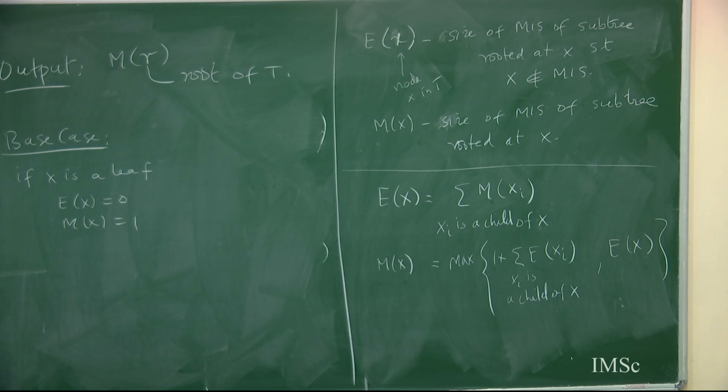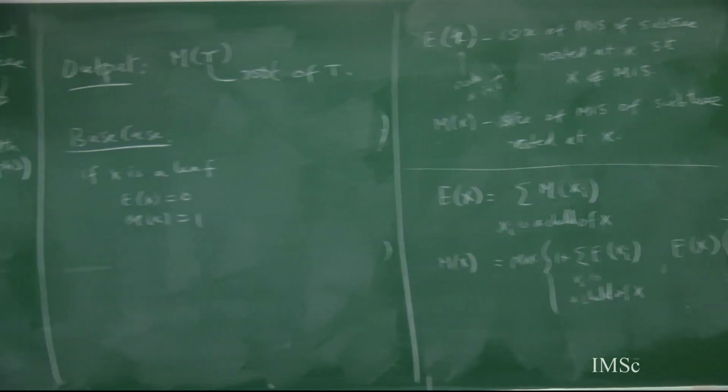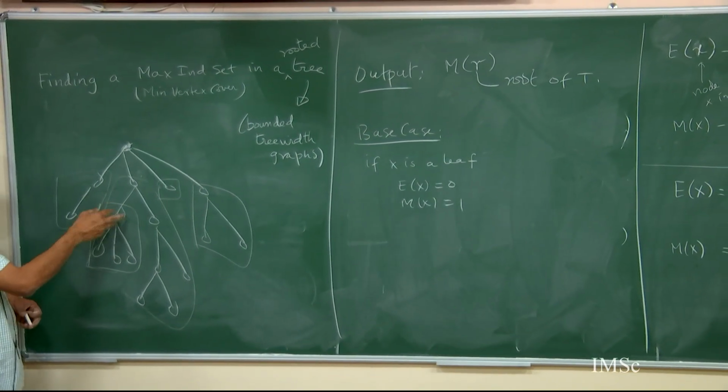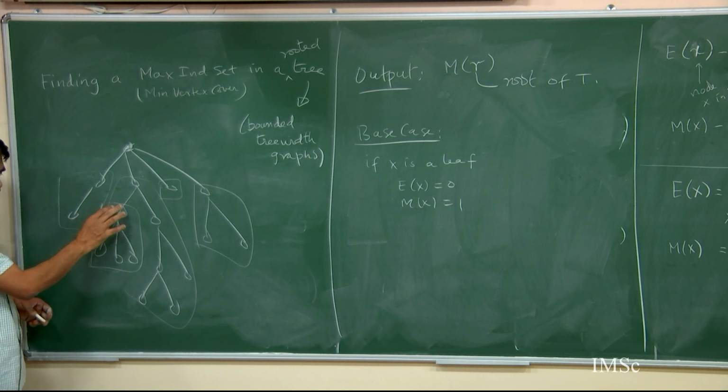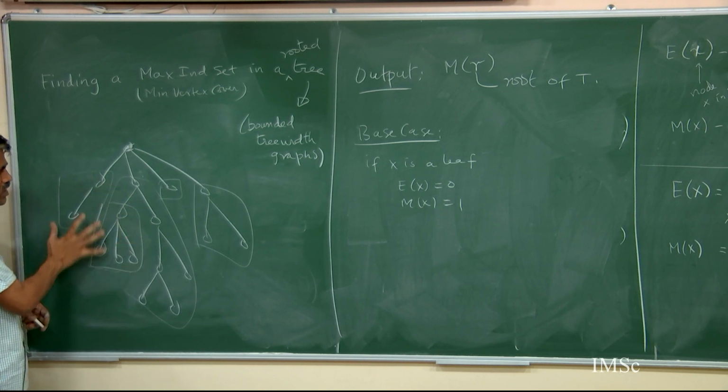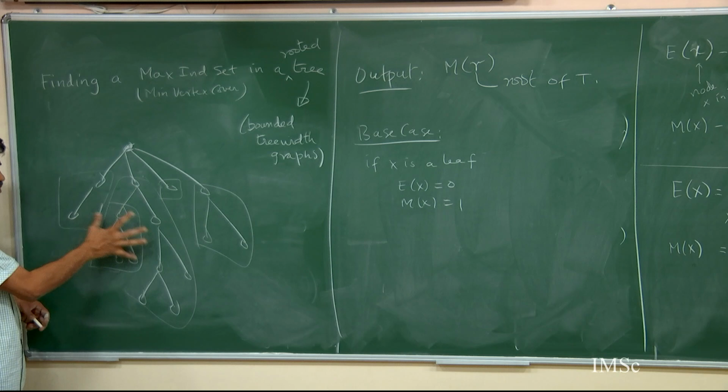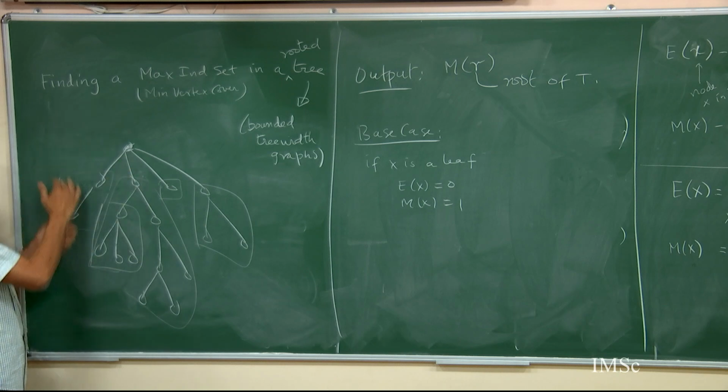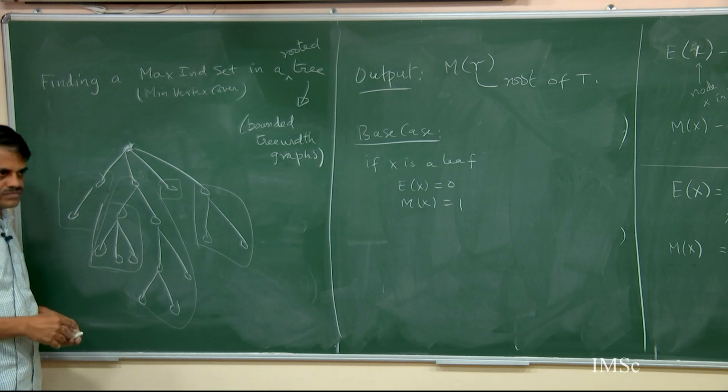Here you are computing two. There is a notion of bounded tree width, you will get to it sometime later next semester or in some other course, where these are actually separator sizes. It might have some k size separators, so you will try all possible combinations of them, for which you compute the maximum independent set, then you carry this over to the root all the way.